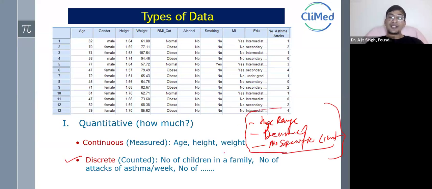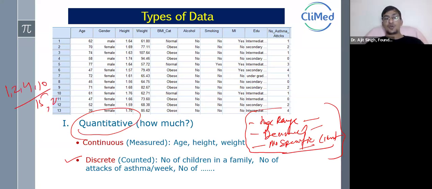Discrete data is very limited. Again, this is a number, quantitative only. We can say how much it is. But there is no huge range, no decimal, no specific limit. Like the number of children in a family. There would be one child, two, four, 10, 15, 20 children, but no huge range.